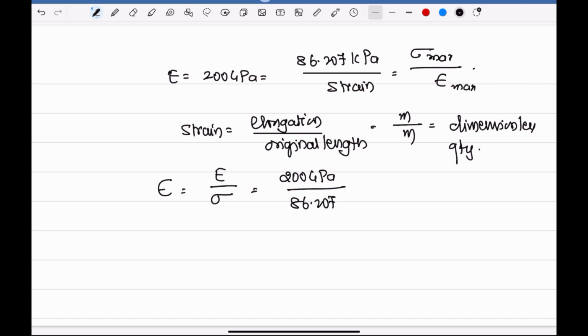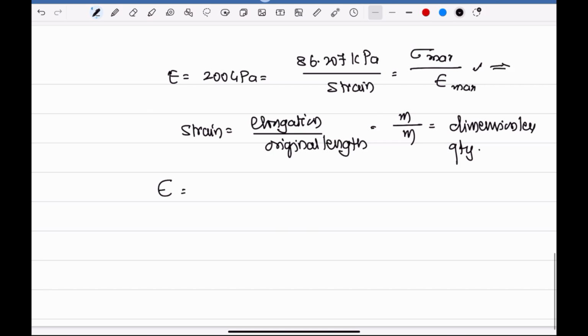From this equation, we get epsilon is equal to sigma max by E. Sorry, a little error while explaining. This is a very important equation. You should know it, because if sigma max and Young's modulus are given, it is easy to get the strain. If strain and stress are given, it is easy to get the Young's modulus. Either way, the question can be asked in the examination.